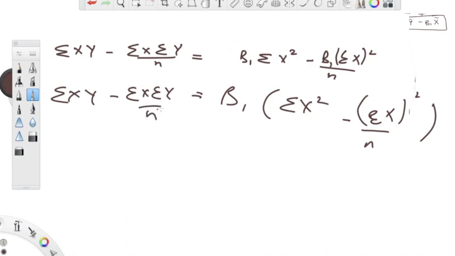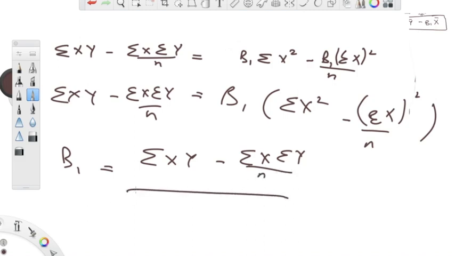Then you can take this term and divide both sides by it, and you end up with beta 1 being equal to sigma xy minus sigma x sigma y divided by n, divided by sigma x squared minus sigma x the whole square over n.